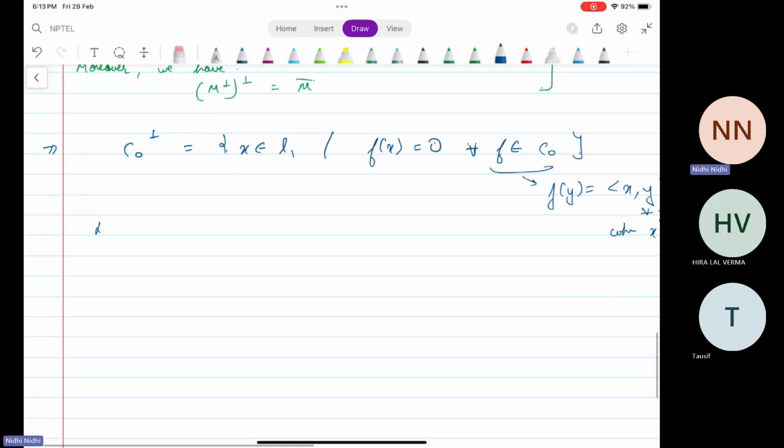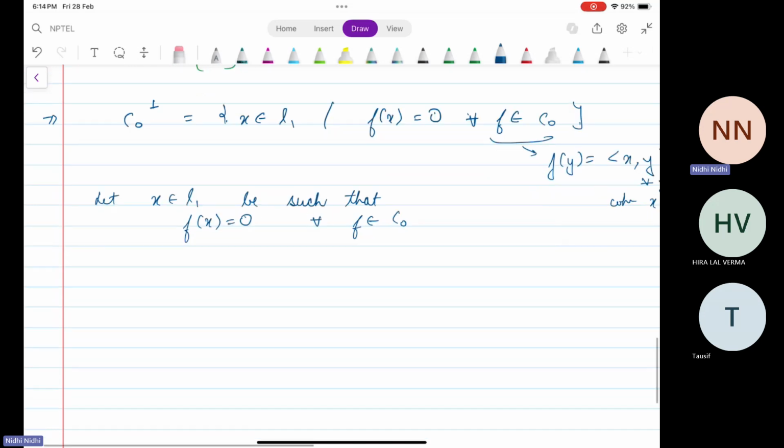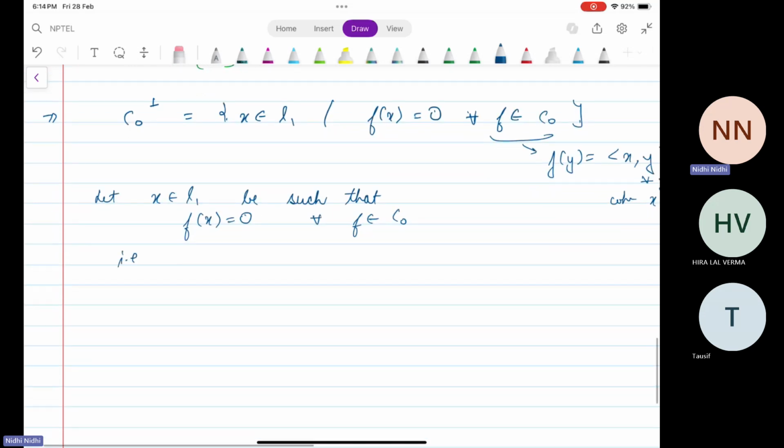Now let x belonging to L1 be such that f of x is equal to 0 for every f in C naught. That means y x is equal to 0 for every y in C naught.